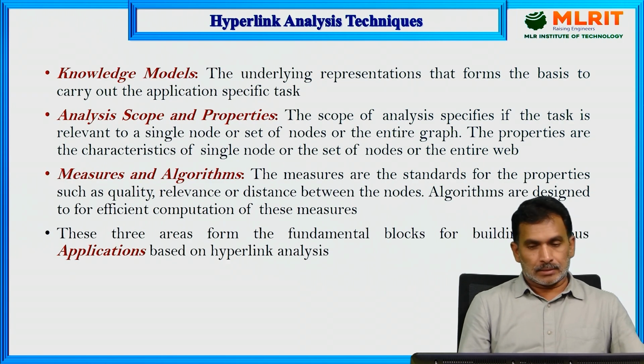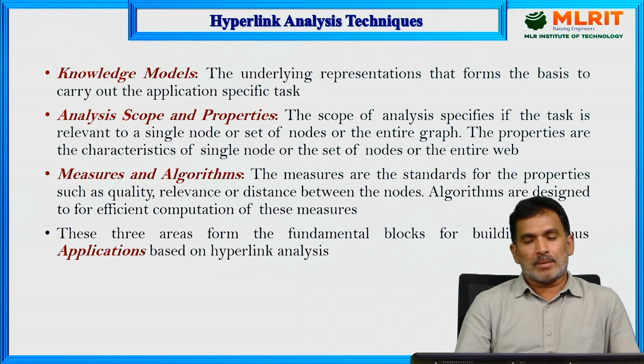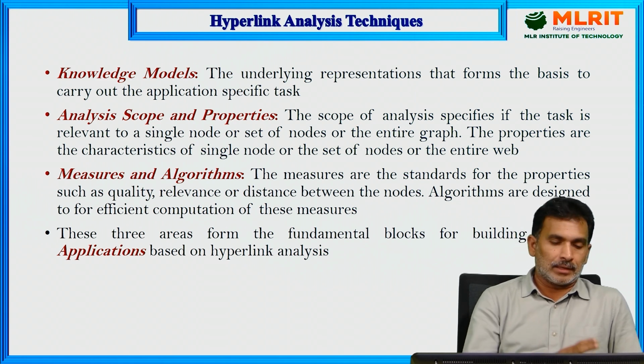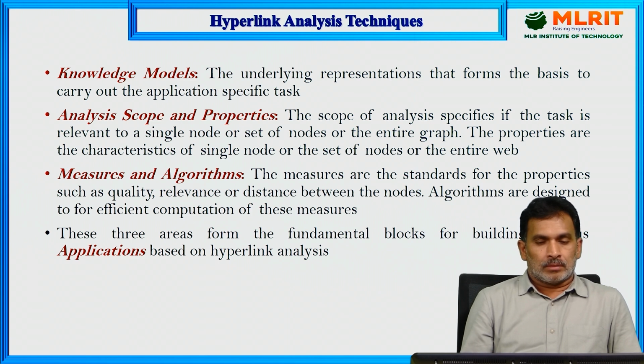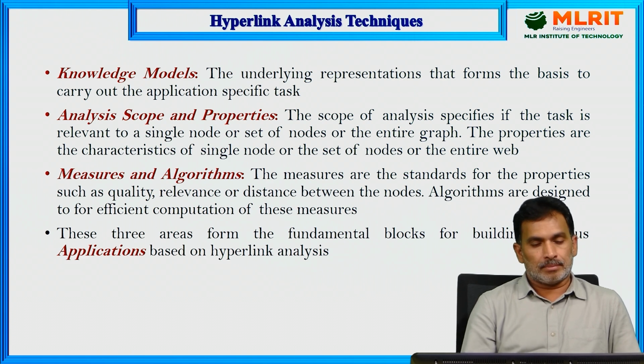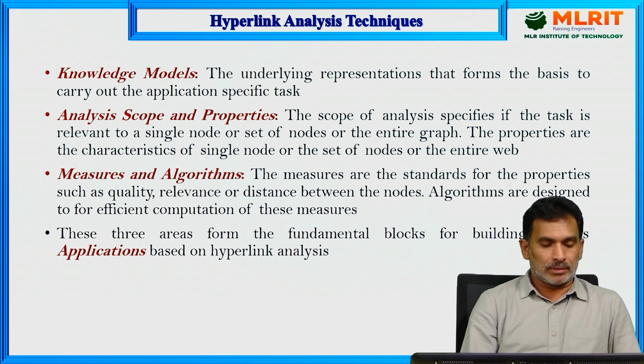Let us check the hyperlink analysis. A hyperlink is the link between two web pages. The hyperlink analysis techniques include knowledge models, analysis scope and properties, measures and algorithms, and applications.